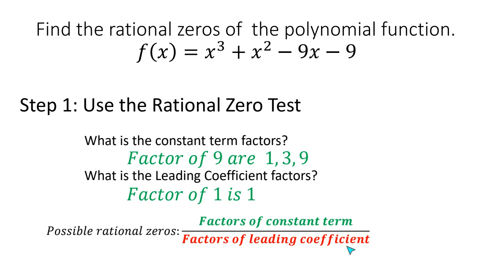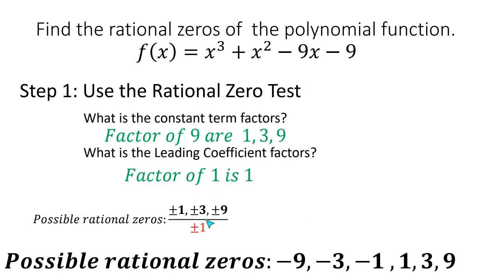And then we're going to write them in this ratio here. So here our constant terms are 1, 3, and 9. My leading coefficient is 1. So if we divide, 1 divided by 1 is 1, 3 divided by 1 is 3, and 9 divided by 1 is 9.